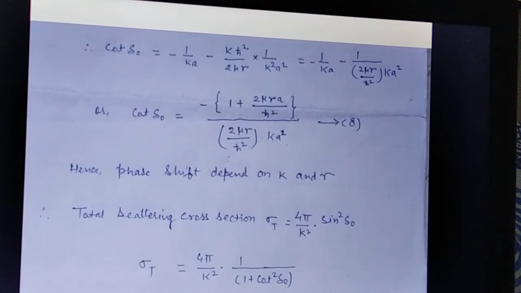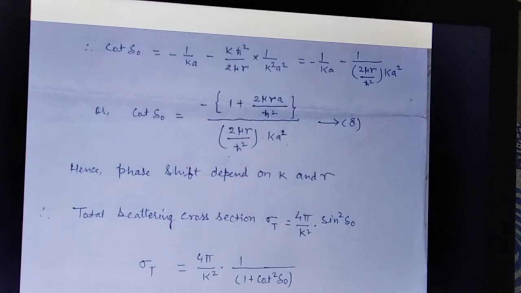From this equation, it is very much clear that the phase shift delta 0 depends on energy k and the strength of the potential gamma. We already know from the partial wave analysis, total scattering cross section is given by sigma t equal to 4 pi over k square sin square delta 0, and sin square delta 0 can be written as 1 over 1 plus cot square delta 0.